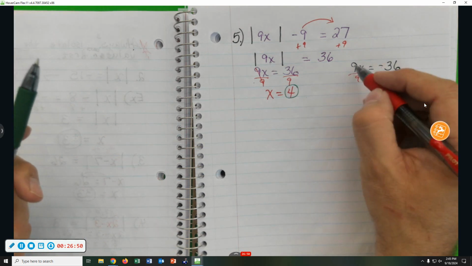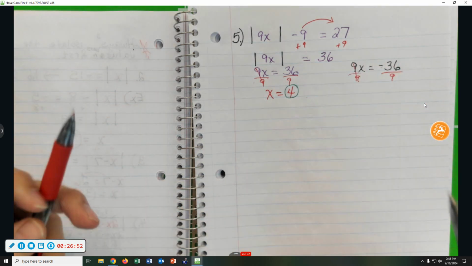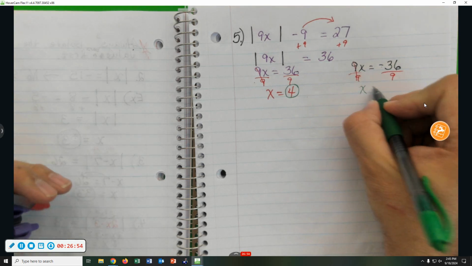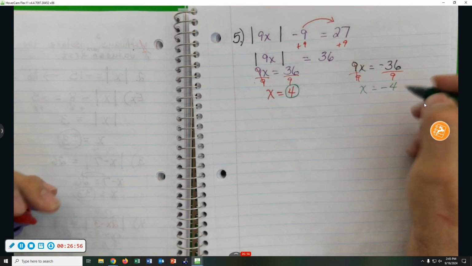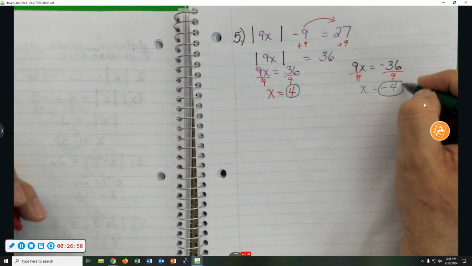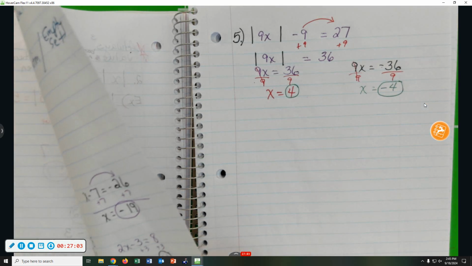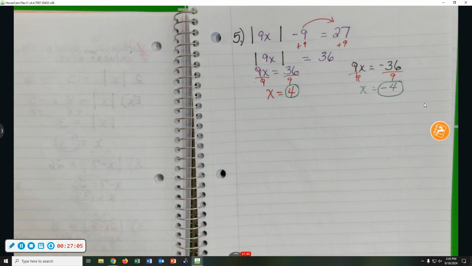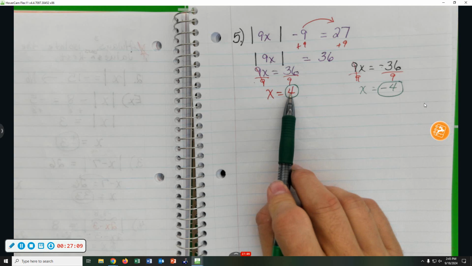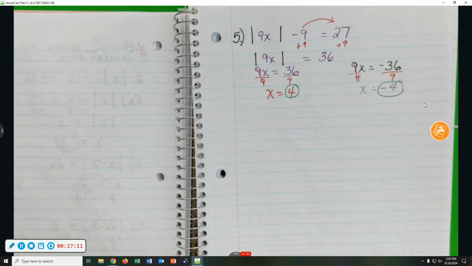Will it always go equal positive and equal the exact same but negative? No. Look at number 4. What was it? Positive 11 over 2 and negative 5 over 2. Here it just happens that you do have a positive 4 and a negative 4 as your answer.